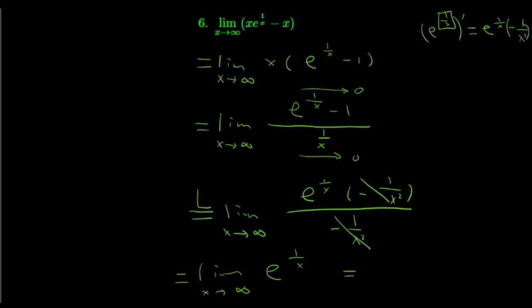And e to the power of something getting closer and closer to 0 is e to the power of 0, right? E to the power of 0 is 1. It's 1. Good.